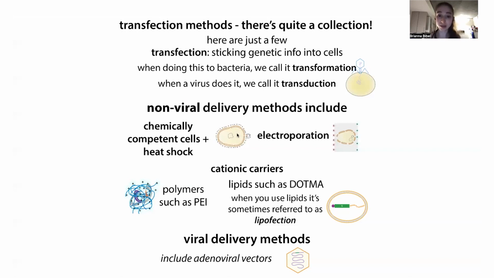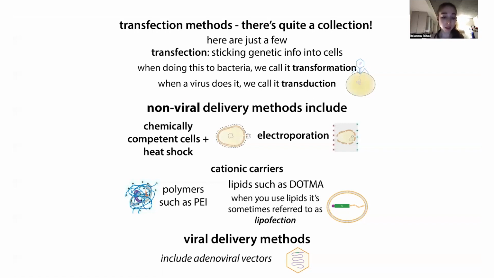We're going to be talking about something similar when we're talking about the calcium chloride, but here we have a long positively charged thing. And there are also lipids. Like the mRNA vaccines, those have a lipid nanoparticle, and these are often cationic lipids so that they have a charge too. We're not going to talk about these as much, but this is just giving you an overview. And then there are also viral delivery methods.